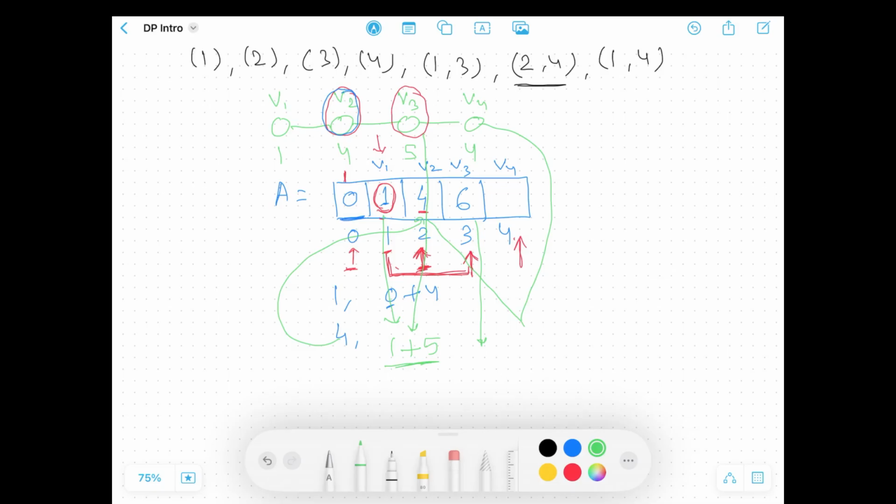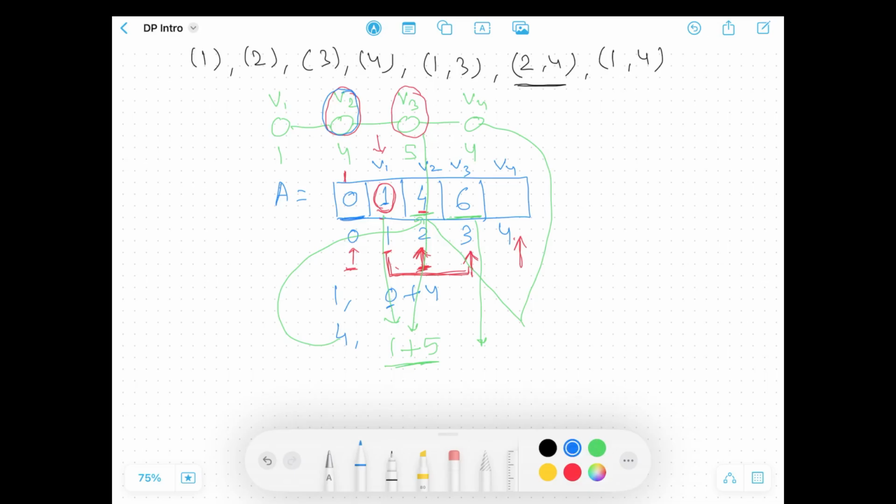We have already calculated what would be the maximum weight for index 3, and we have already calculated what would be the maximum weight at vertex 2, right? And we are not doing all these calculations again and again. This way, dynamic programming is building a grid and keeping the sub solutions in the grid so that those can be reused again and again.